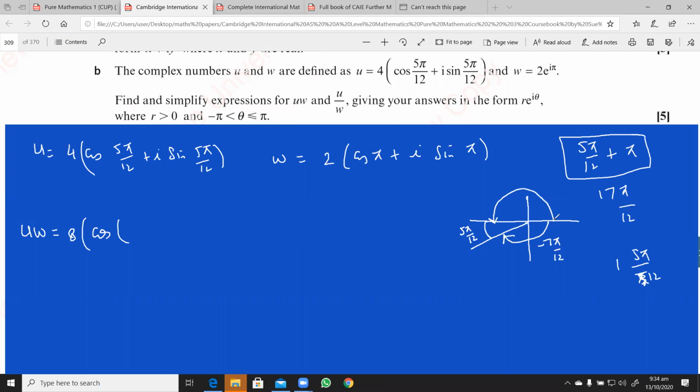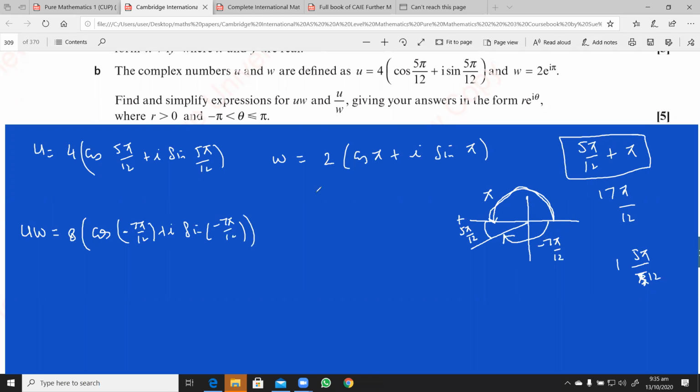So look at this. Up to this is pi, plus this is your 5 pi by 12. Now this is going into the lower quadrants, so I have to consider that clockwise argument. So this is going to be cos(minus 7 pi by 12) plus iota sine(minus 7 pi by 12).